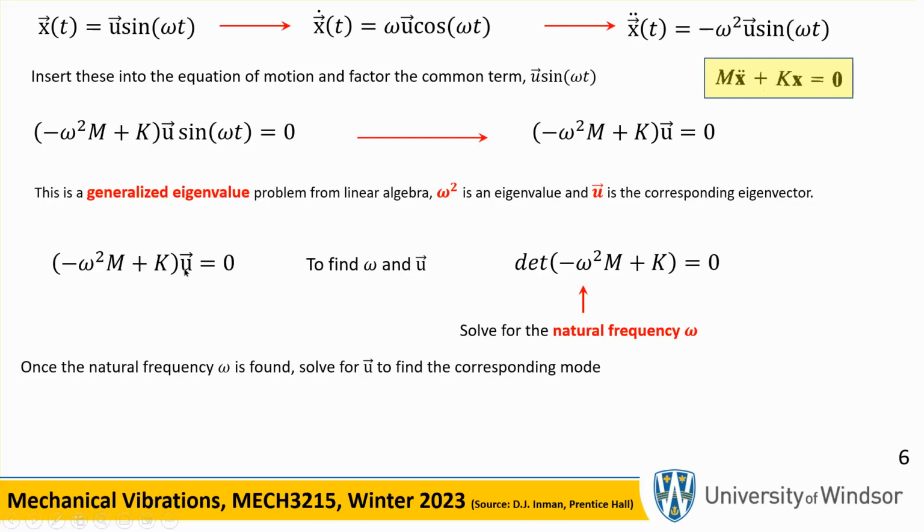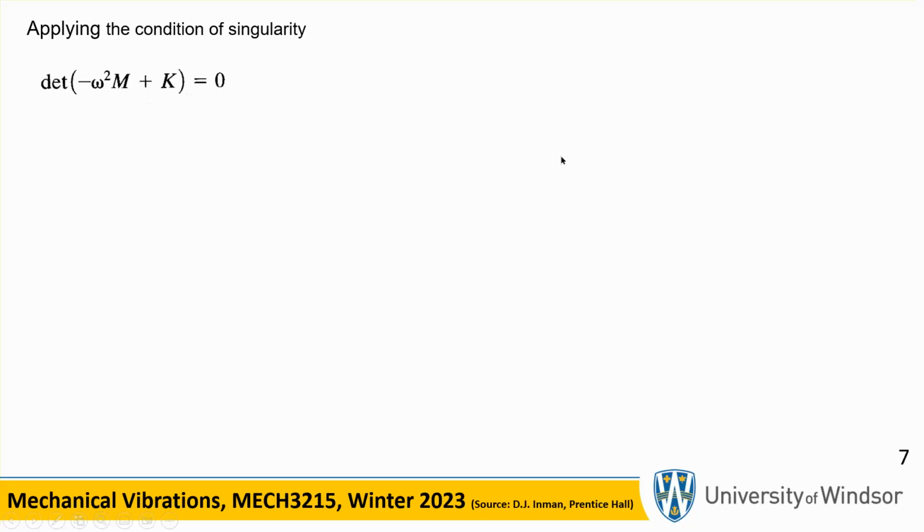And this vector u is called the mode for each natural frequency. Okay, it plays the role of your eigenvector as you did in your linear algebra class. Okay, let's remember that's the situation. This is the equation that we have to solve to find omega first, the natural frequency, and u, which is called the mode, later. Okay, written here for your convenience.